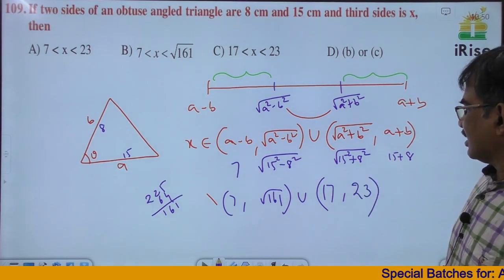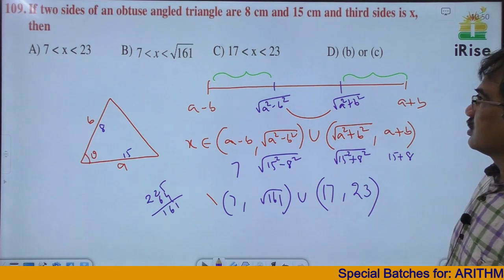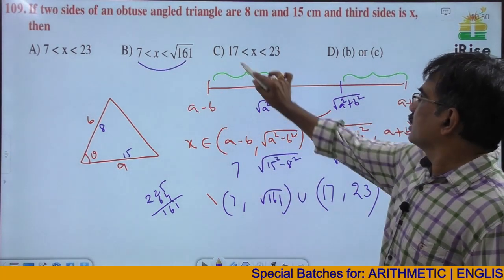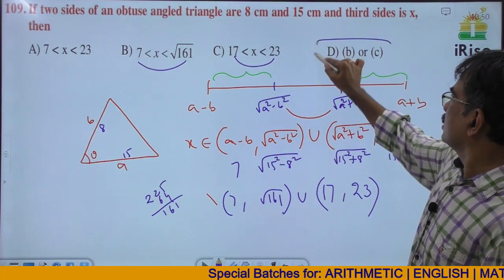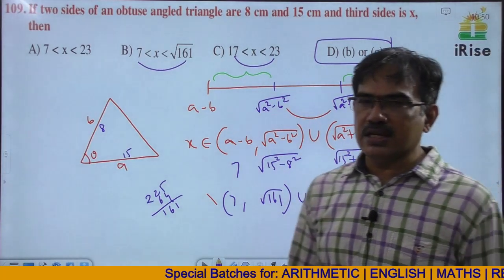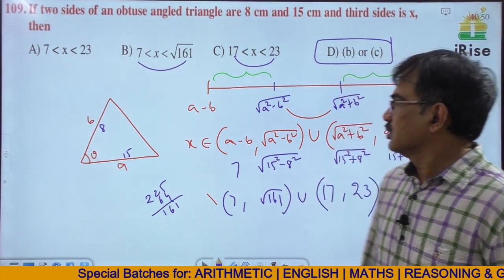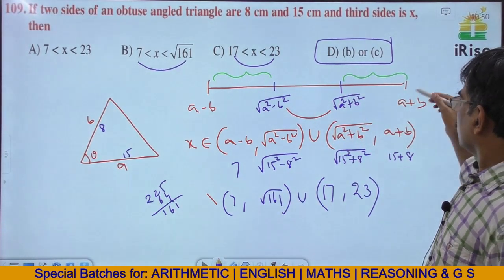So therefore x lies either between 7 and root 161, or between 17 and 23. So the answer is both B and C. So know this one.